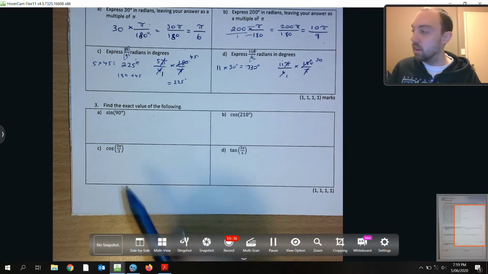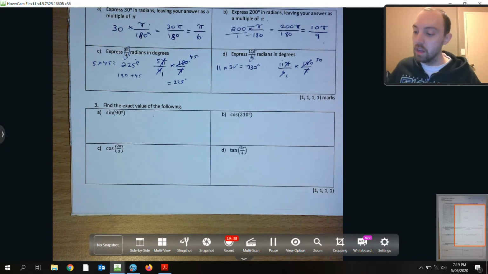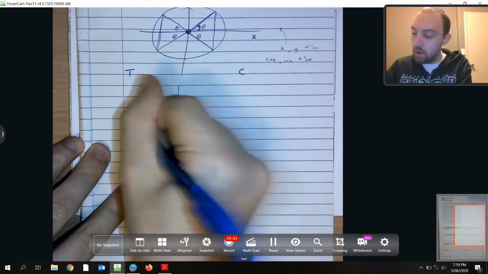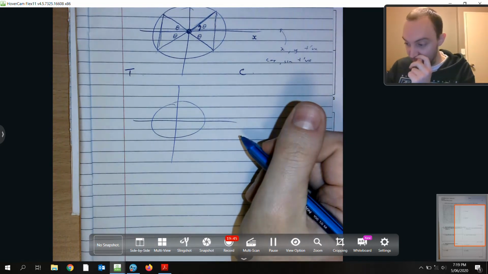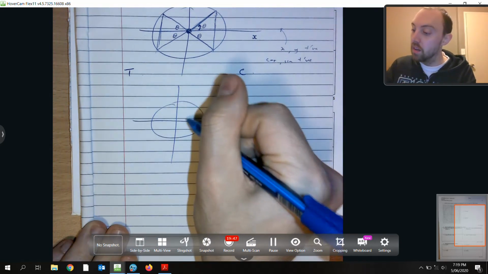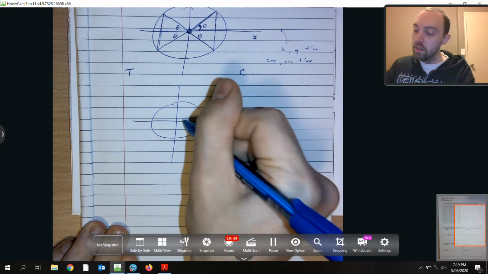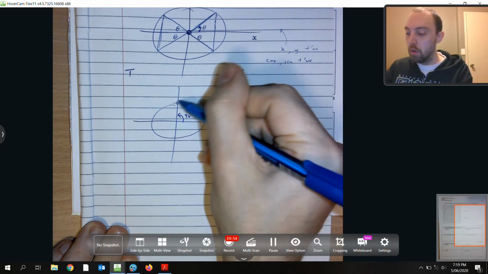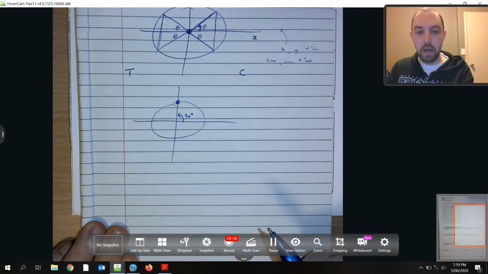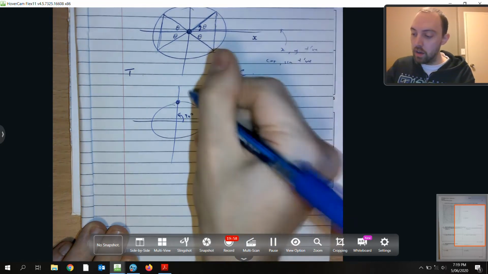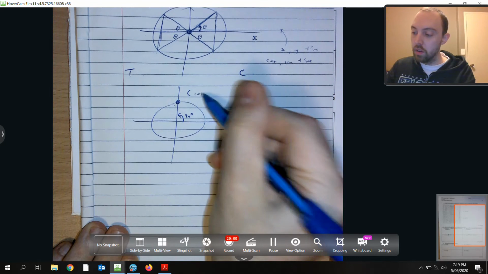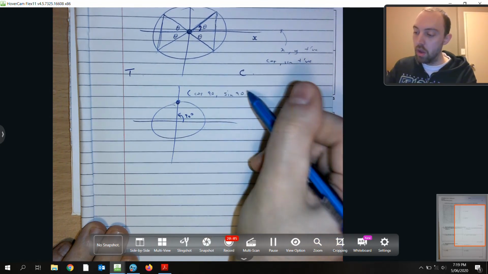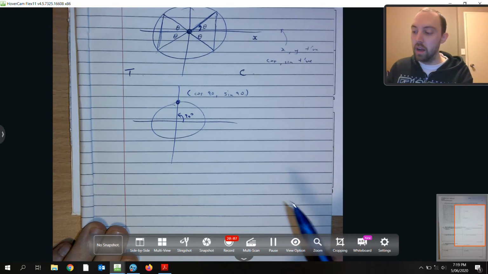Sine of 90 is a little bit different because we're actually going back to the unit circle quite a bit. It is something you need to get a good grip on. At 90 degrees, I'm thinking about the coordinate on my unit circle, and x is my cos, and sine is my y.